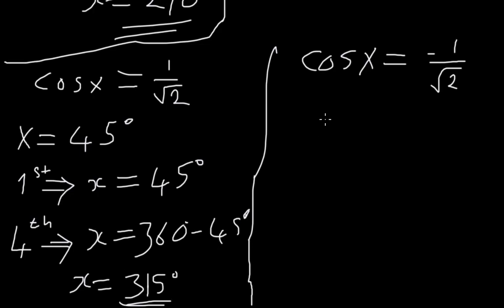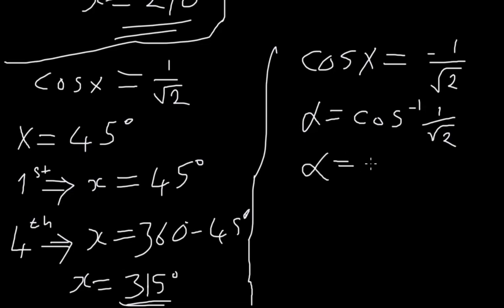So we move on to this part. Your alpha is just cos inverse of the positive 1 over the root of 2. Of course, your alpha will also be 45 degrees. But now let us look at the quadrants. Cos is only negative in the second and in the third quadrant.